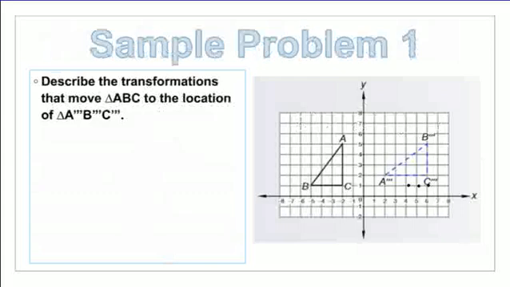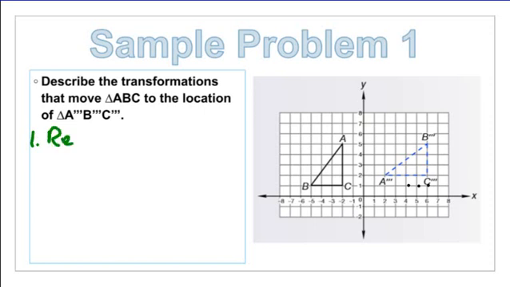So now let's look at example 1. Describe the transformation that moved triangle ABC to the location of triangle A'''B'''C'''. We're going to have to use all three transformations here. The first one we're going to use is we are going to flip it, which is also our reflection.